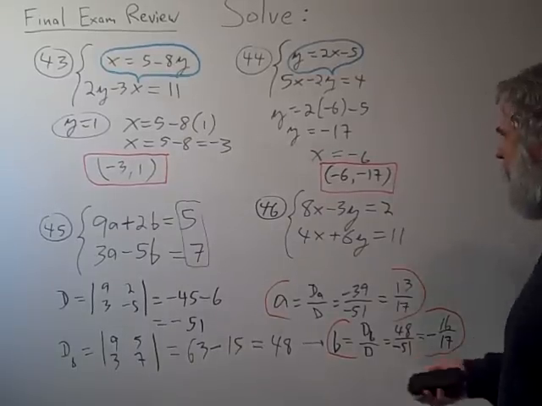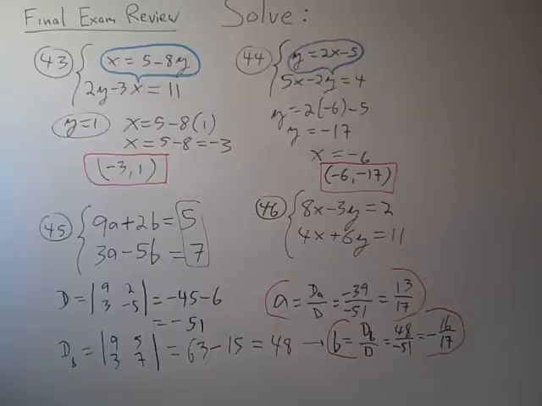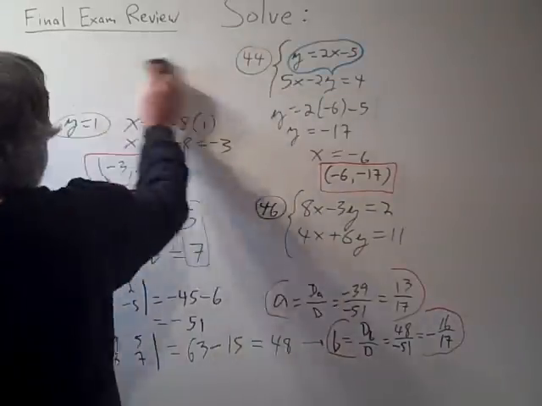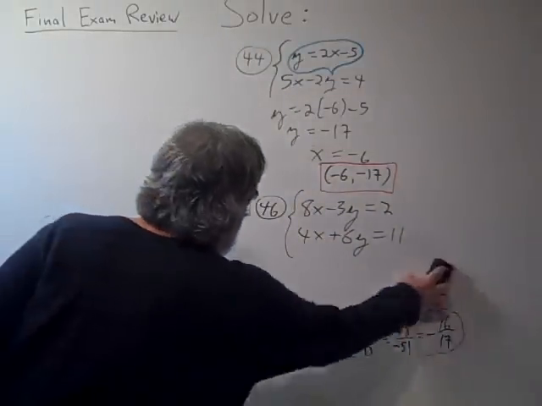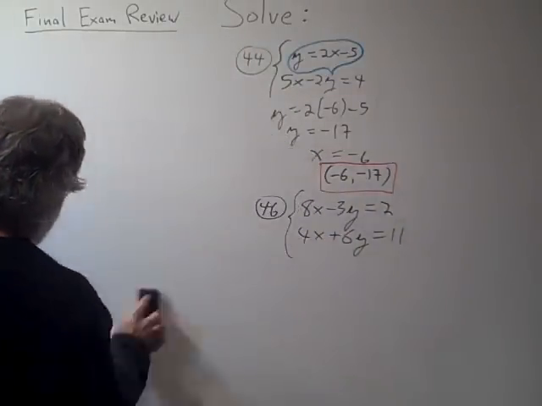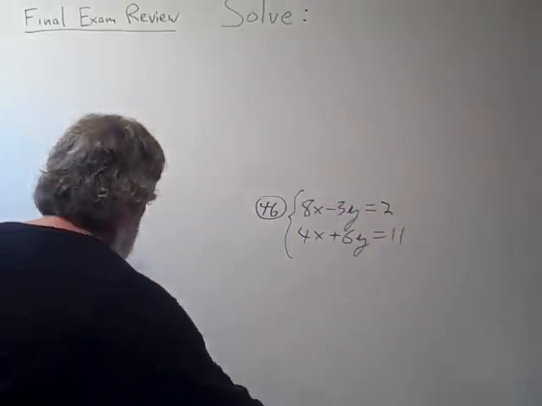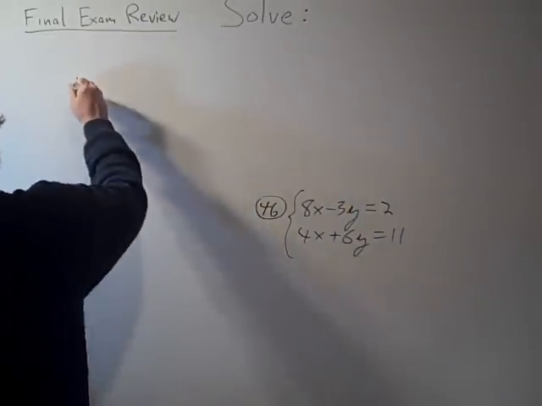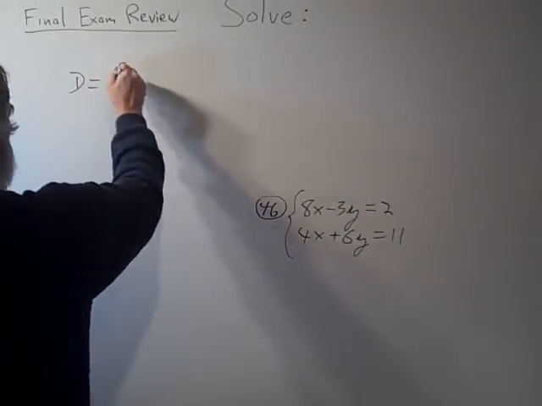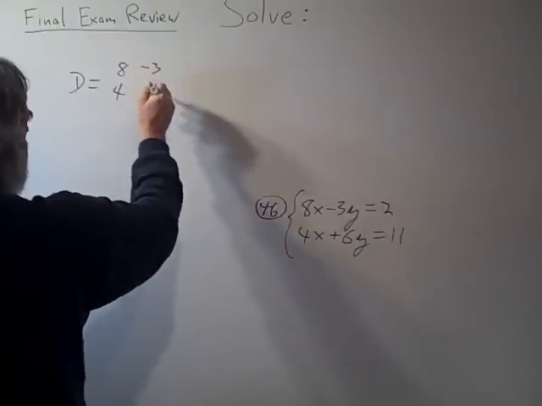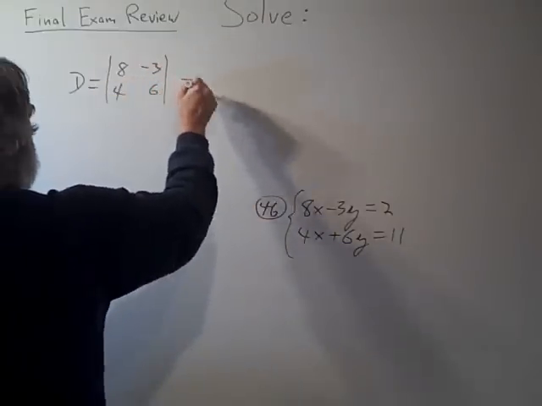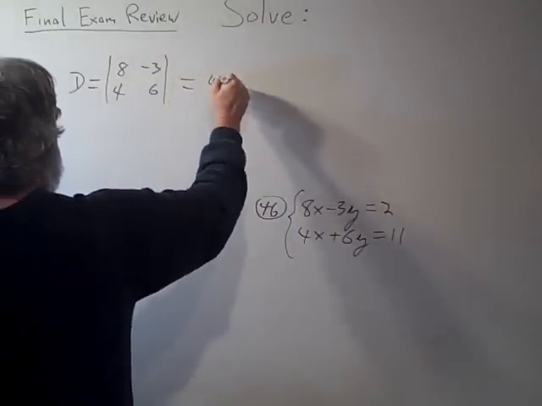Finally, for number 46, we're going to use Cramer's rule again. Let me give myself some room here. So D for this problem is the determinant of the matrix 8, 4, negative 3, 6. 6 times 8 is 48.